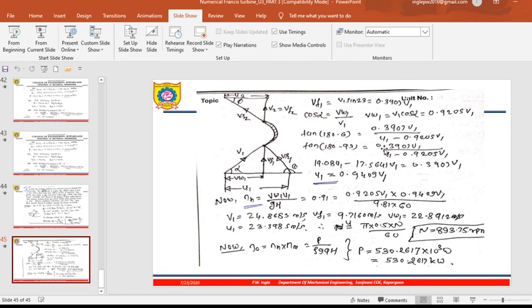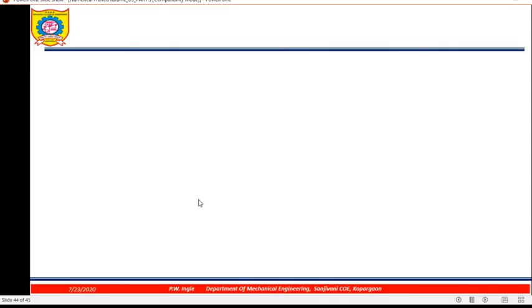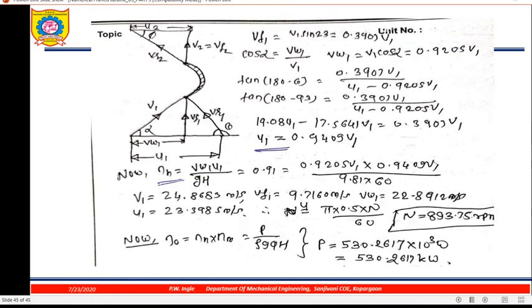You will get U1. Then hydraulic efficiency, by using this you can calculate the value of Vw1 U1 by gH. So you are getting value of V1, Vf1, Vw1, U1, and then overall efficiency is hydraulic efficiency into mechanical efficiency. So it is P by rho g Q H. So you are getting the value of P.